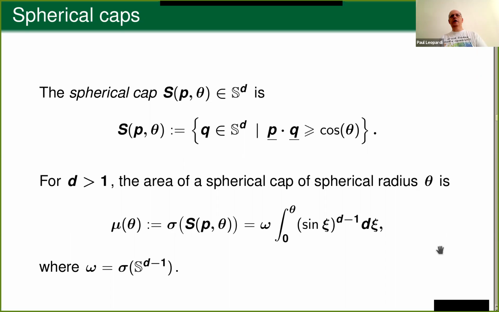And of course, what that means is that the inner product between any point on the cap and the center of the cap is bounded below by cosine of theta. And there's a well-known formula for the area of a spherical cap of spherical radius theta, which works for all D.